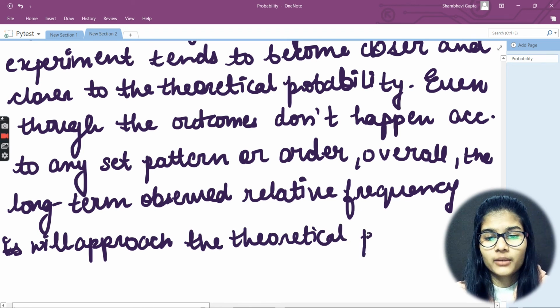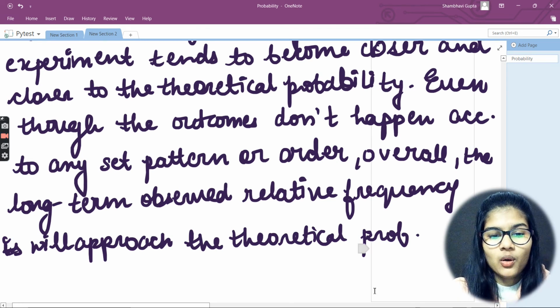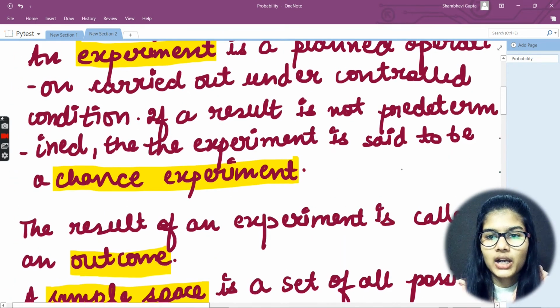And I'm just writing the short form for probability like this. Okay, the theoretical probability. So this is the law of large numbers.